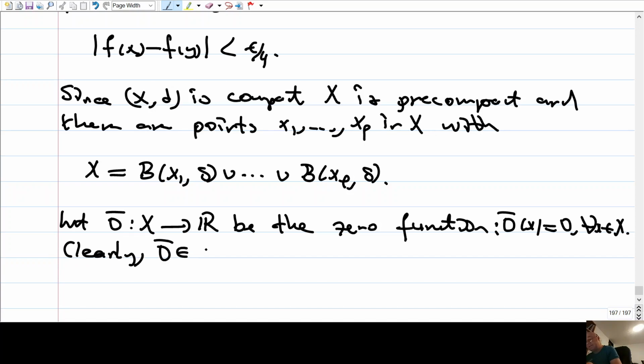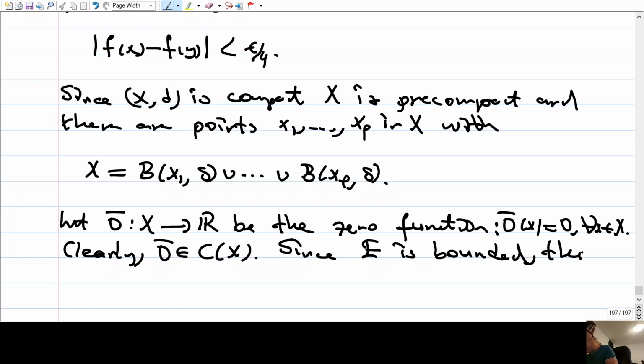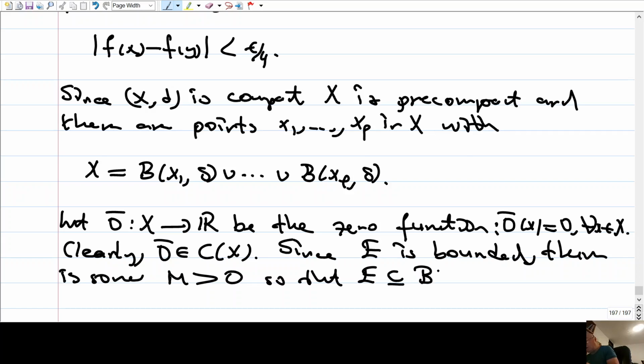Clearly this is a continuous function, so it's in the metric space C(X), and since E is bounded, there is some m positive so that E is inside the ball with center O and radius m.